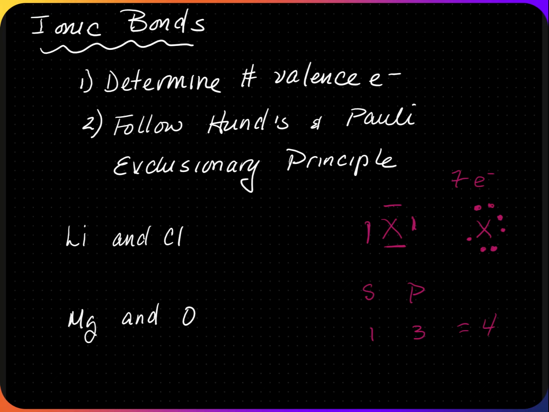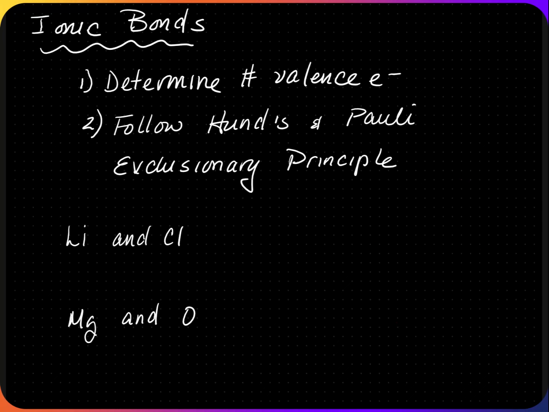We don't use the Aufbau principle here. We use only Hund's, so we fill in the s and p together. If the element has 5 valence electrons, I start at the bottom and go counterclockwise: 1, 2, 3, 4, following Hund's rule, then Pauli, 5. This is the correct Lewis dot structure for element X with 5 valence electrons.